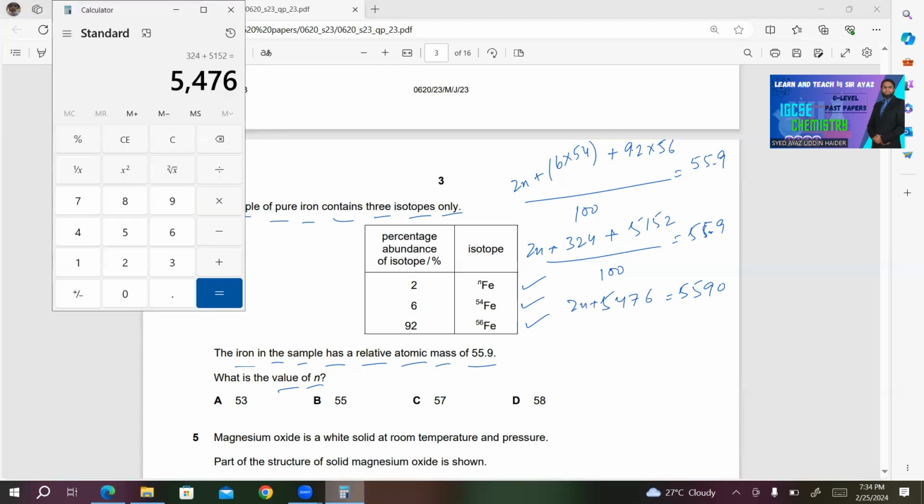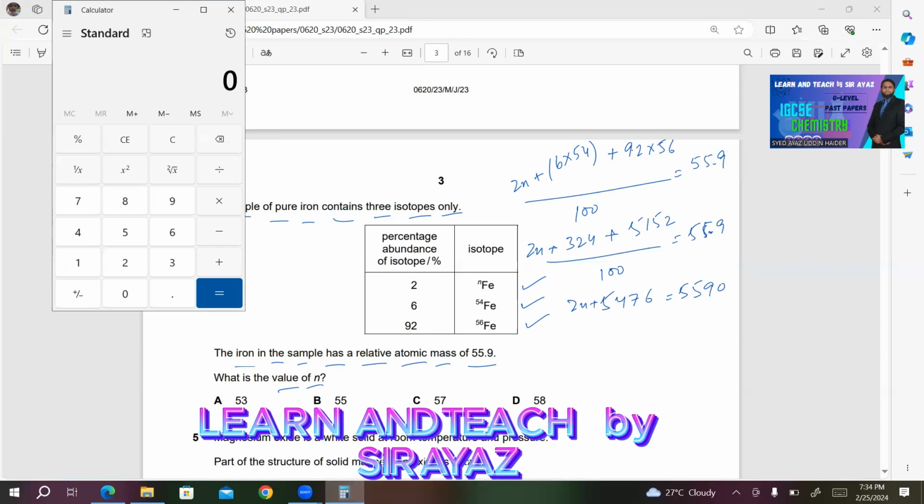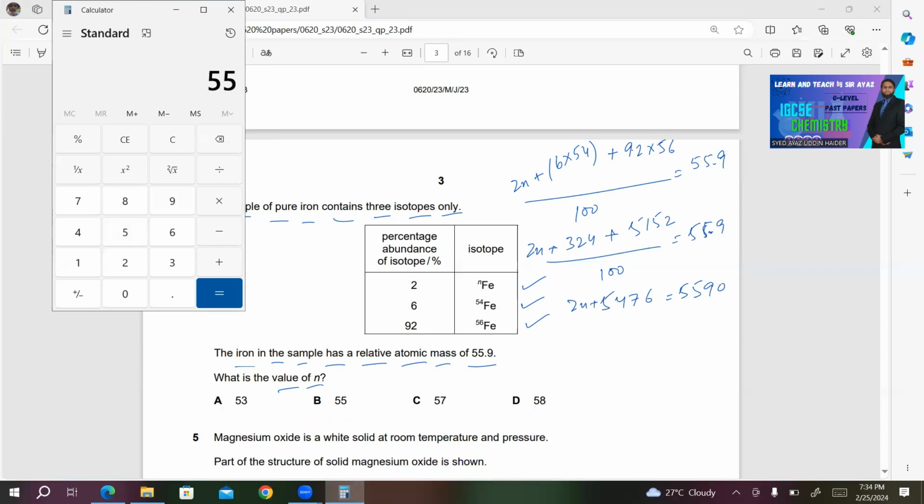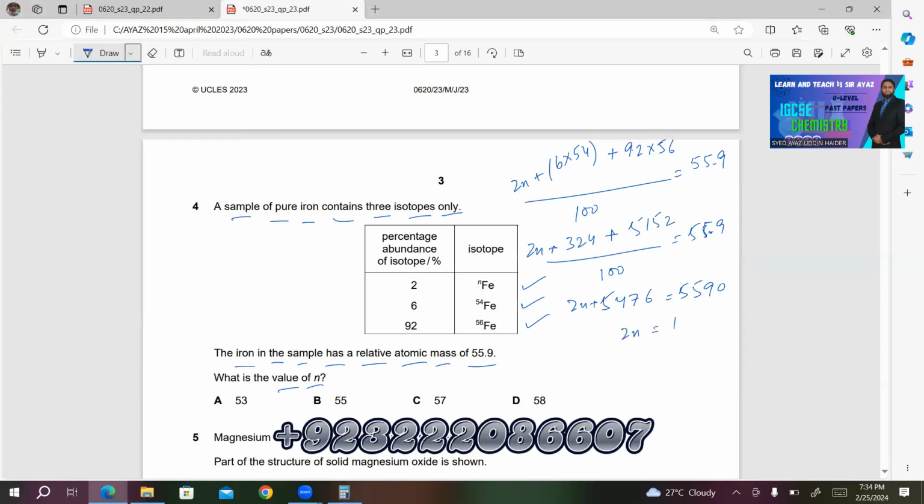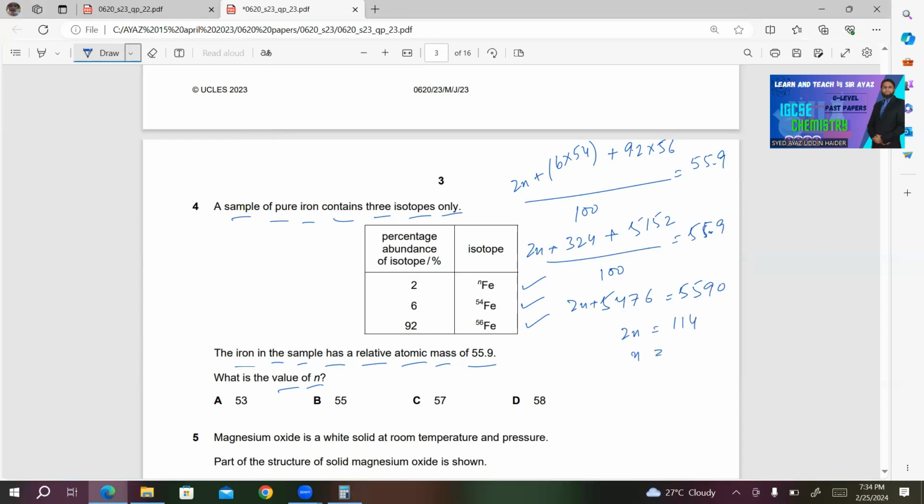Now if you subtract 5476 from 5590, 5590 minus 5476, we will get 114. Then you will divide 114 by 2.